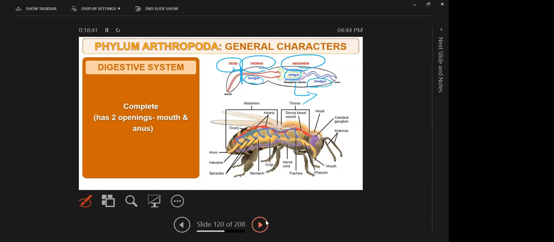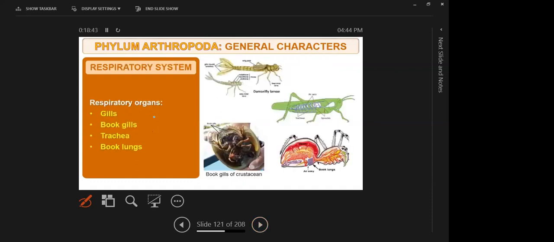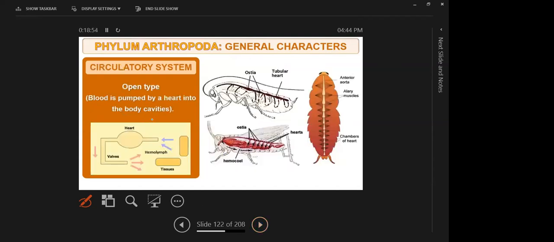Now, respiratory organs in these. Some have gills. Let's go to respiratory later on. They have open type of blood circulation.